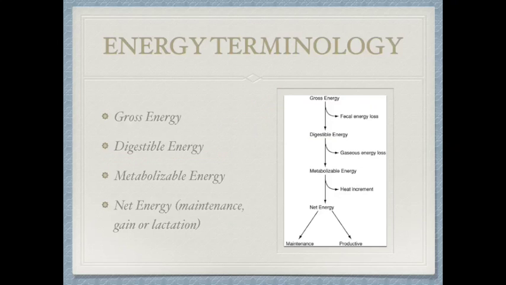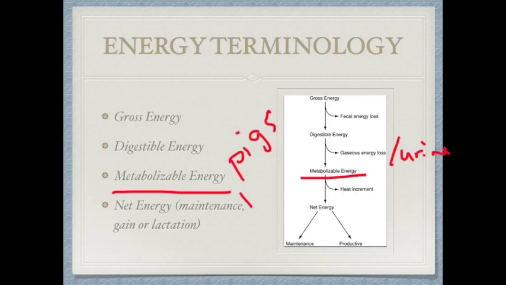Next, if we account for not just the fecal energy loss, but also the gas and urine losses, then we're left with what we call metabolizable energy. And that is a common measure used in pigs and the poultry industry to measure energy for these animals.